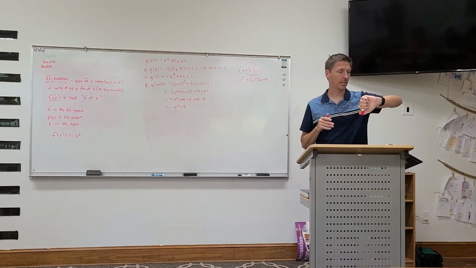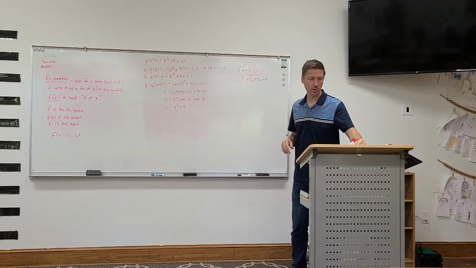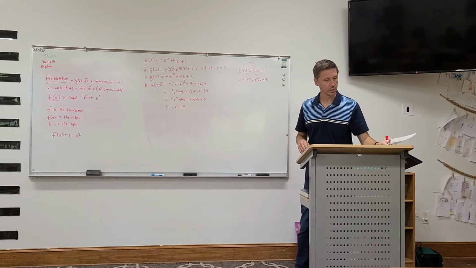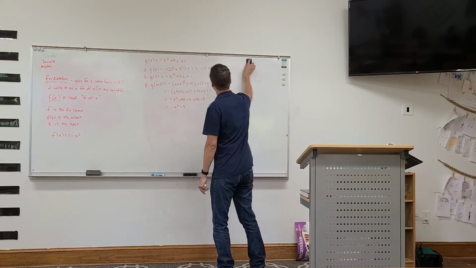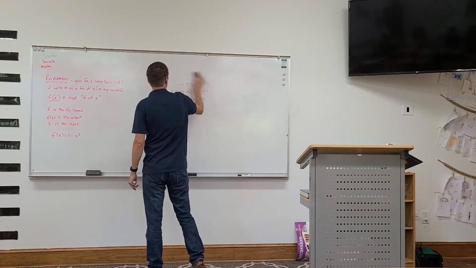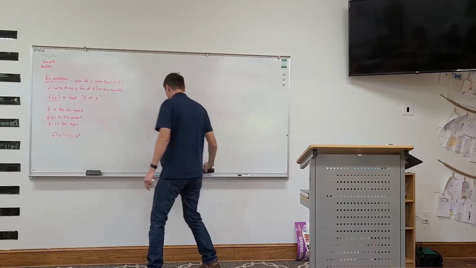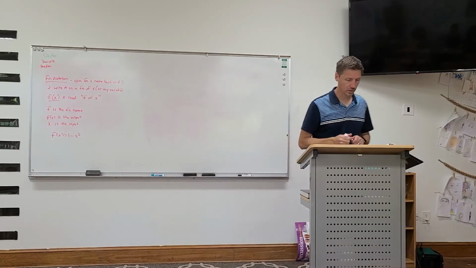Okay, let's talk about a piecewise defined function. And I need to show you how to do this on your graphing calculator. So a piecewise defined function just sets the domain for portions of your function.